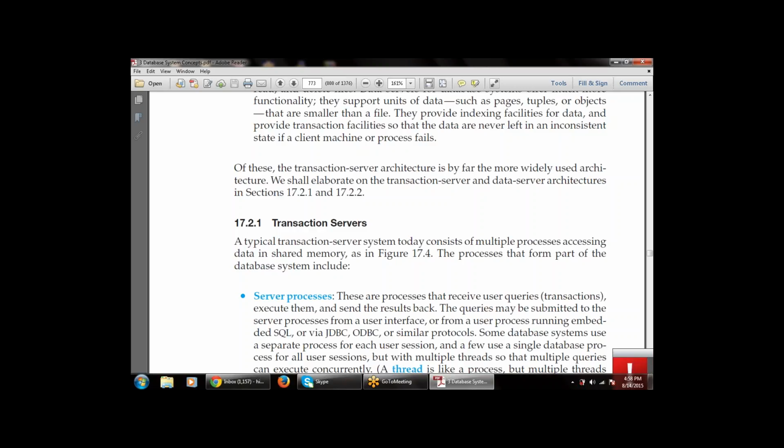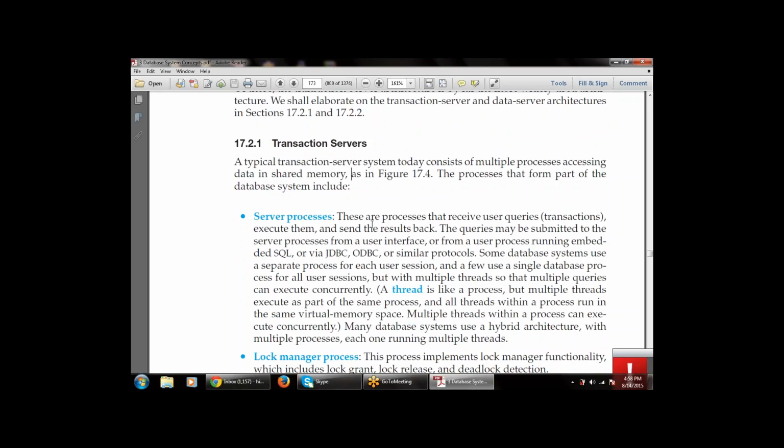These are the processes that receive user queries, that is, the transactions, execute them, and send the result back. The queries may be submitted to the server processes from a user interface, or from a user process running embedded SQL, via JDBC, ODBC, or similar protocols.